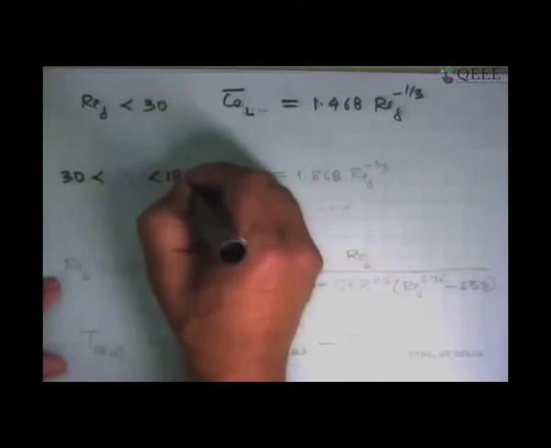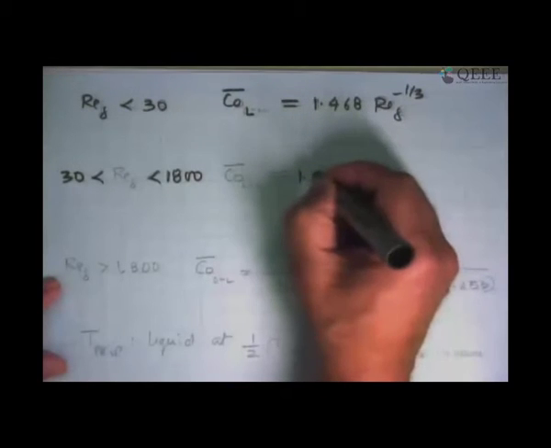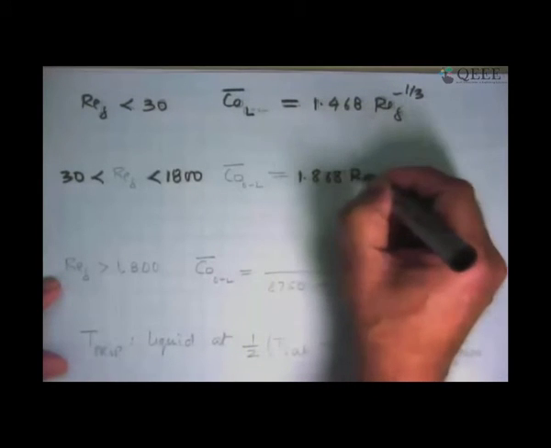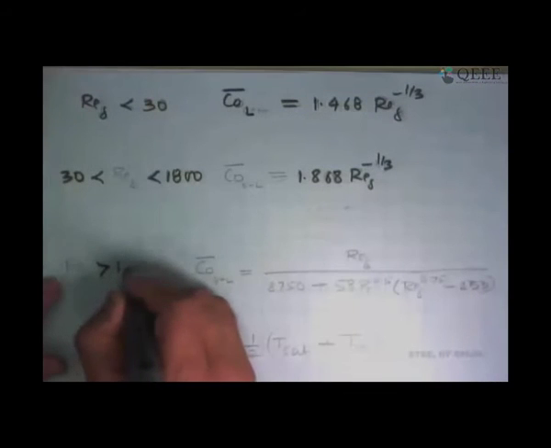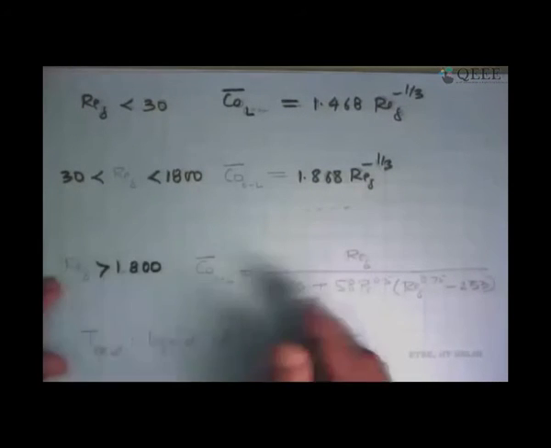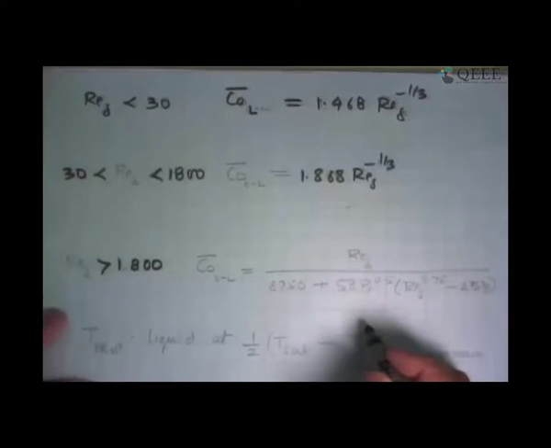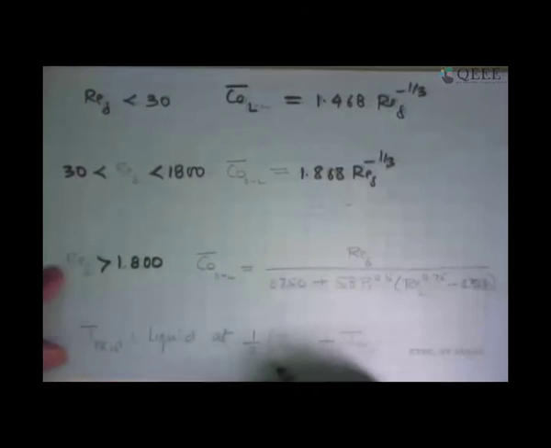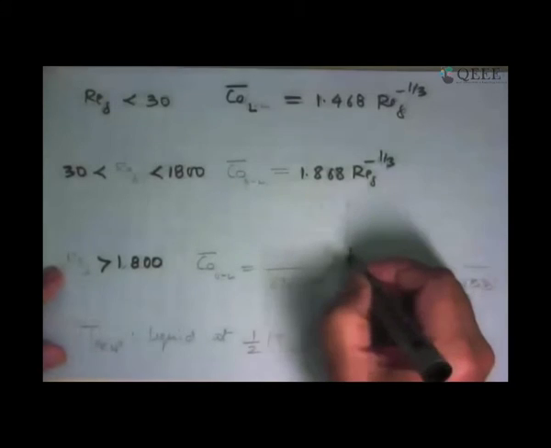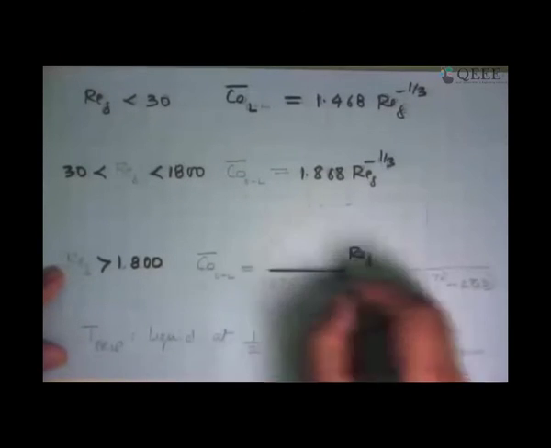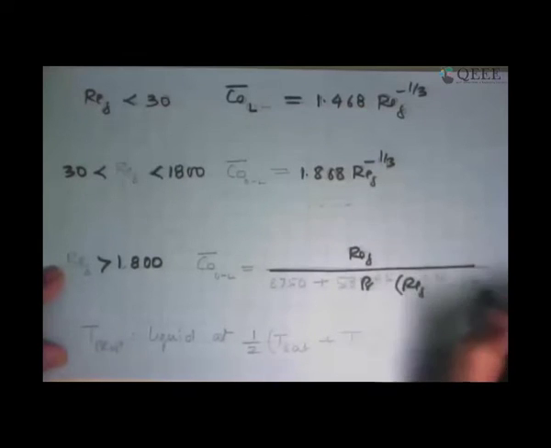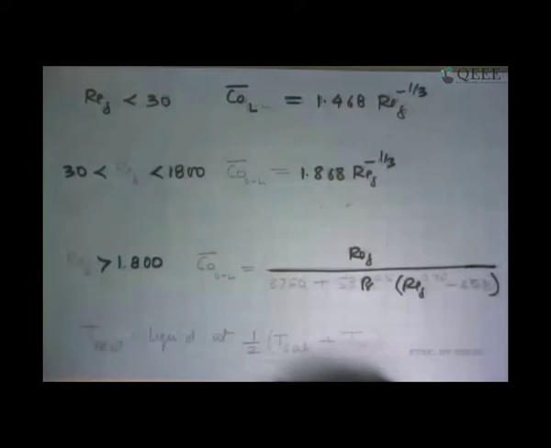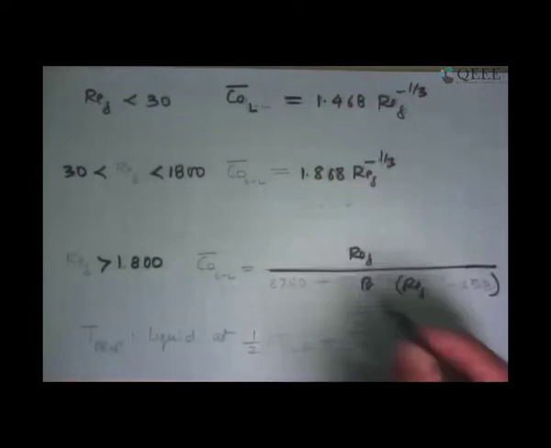Some of these are simple, so I'll just write it out here: 1.868 into Re delta to the power minus 1 by 3. But for Re delta more than 1800, it's a very complicated looking thing, which I will give out in the correlation sheet. I will not spend time writing it, but it's a function of Re delta in the numerator, and a function of Prandtl number and Re delta, so that it looks something like what we have been looking at in single phase heat transfer so far.